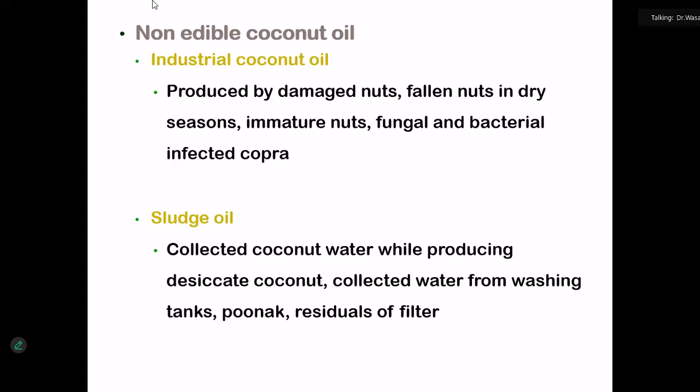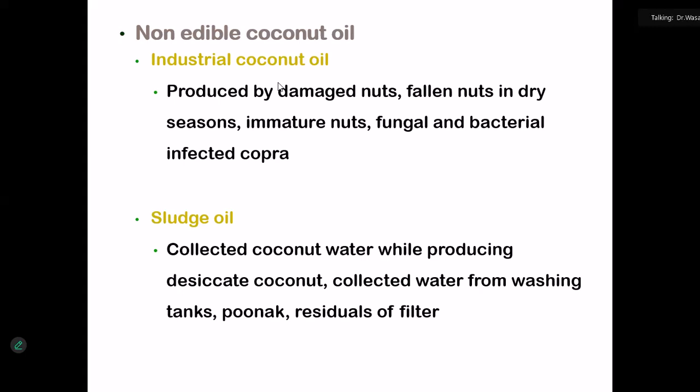Number one, industrial coconut oil. How is it produced? From damaged nuts, rejections of DC. Cracked nuts, spoiled nuts, germinated nuts, diseased, immature, fungal, bacterial nuts, we can produce industrial coconut oil.